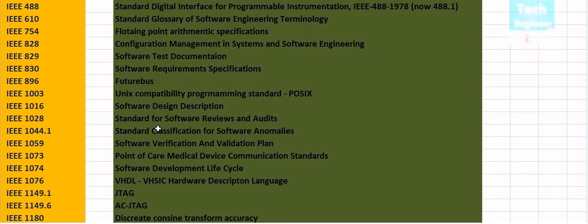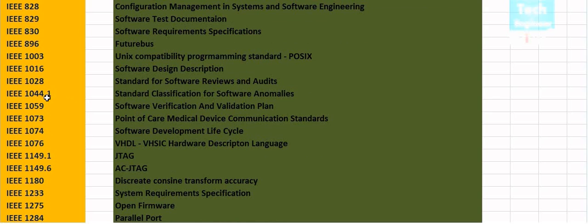IEEE 1016 is for software design description. IEEE 1073 is for point of care medical device communication standards. And IEEE 1074 is for software development life cycle.